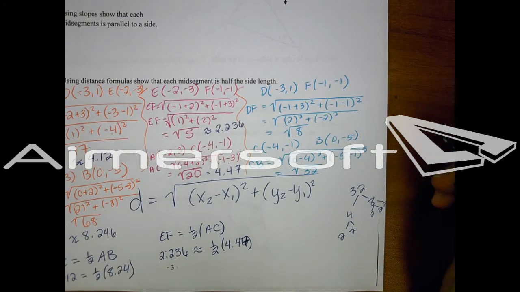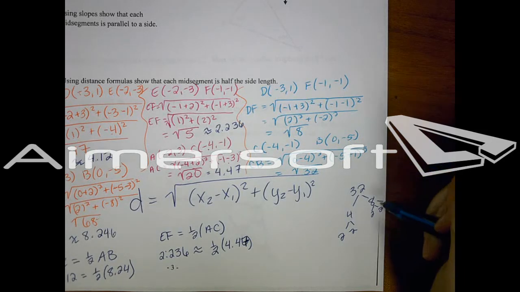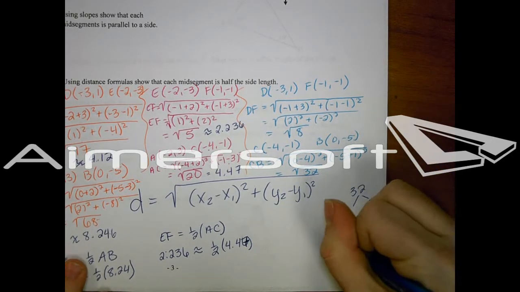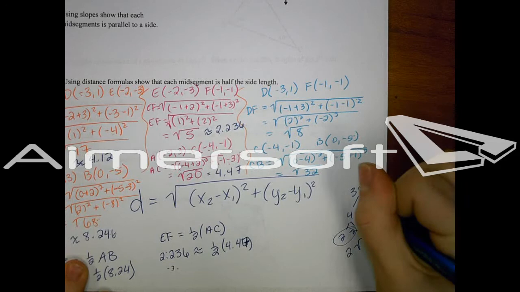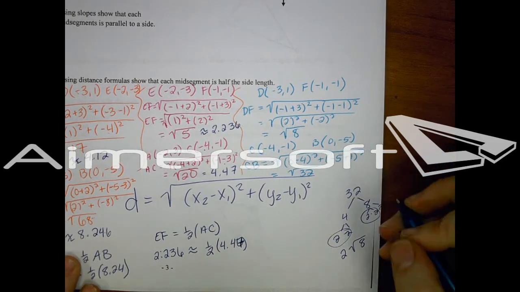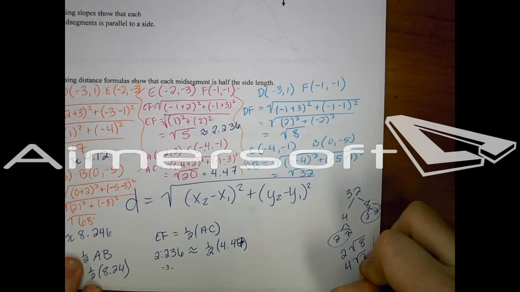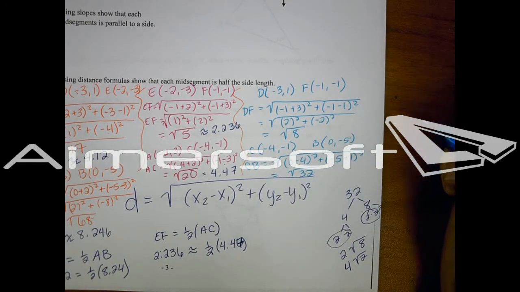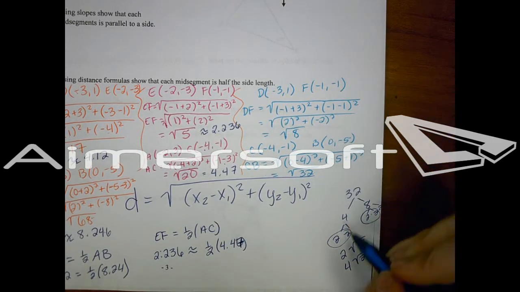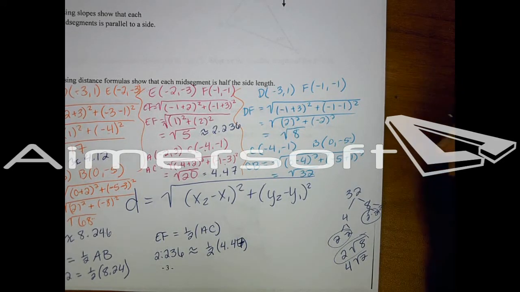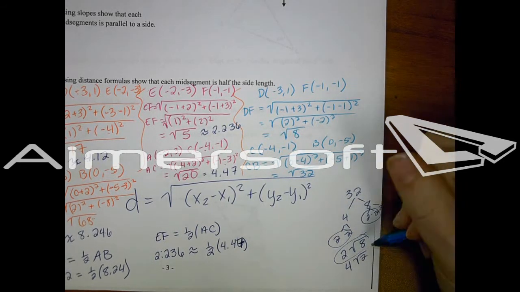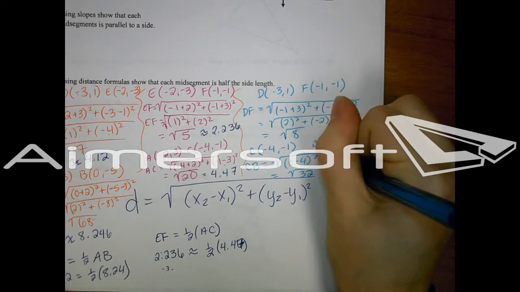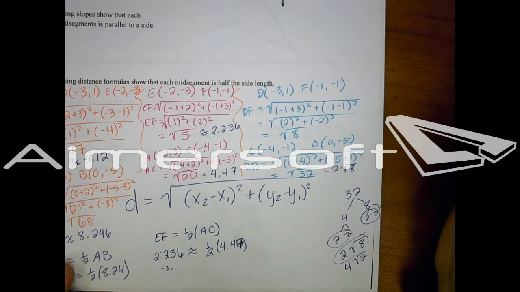Now, I can take out pairs of 2, so this would be 2 root 8, or I can take out two 2's, and that'd be 4 root 2. All of these are equivalent to the square root of 32. The one that's important to see is double the square root of 8. If I have double the square root of 8, I already know that that's double.